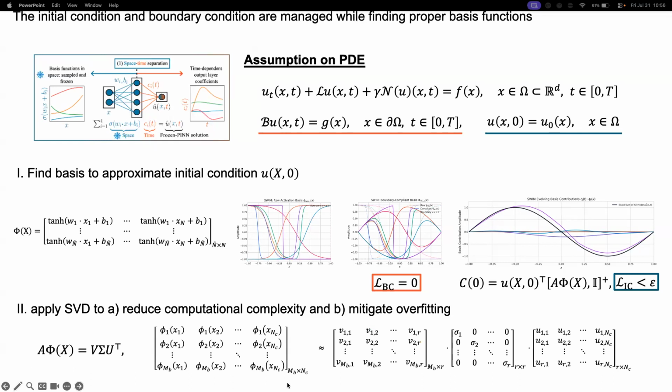The left-hand side is our original basis function, and the right-hand side is the singular value decomposition. So this is the V and our singular values. The singular values for the data points. So we just use V to multiply into these basis functions to mitigate these problems.